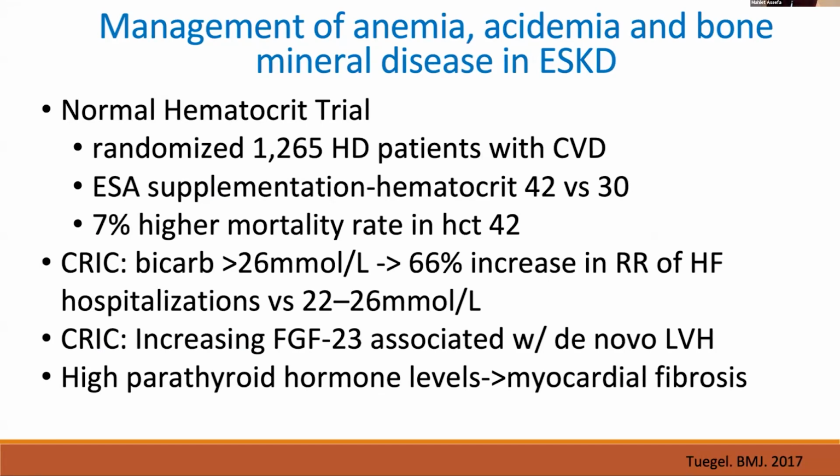Really, in terms of anemia management in dialysis patients, there aren't a ton of studies and guidelines around what the optimal targets are for managing or preventing heart failure long-term.